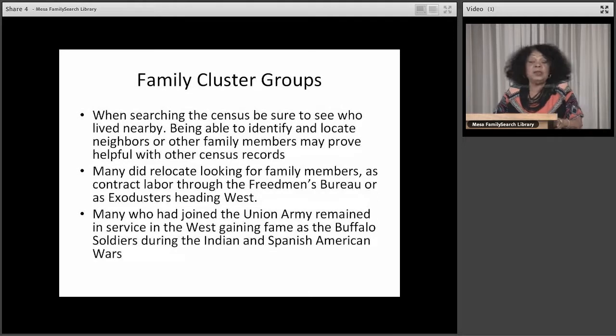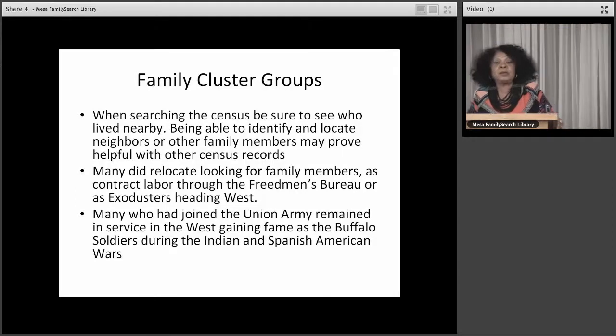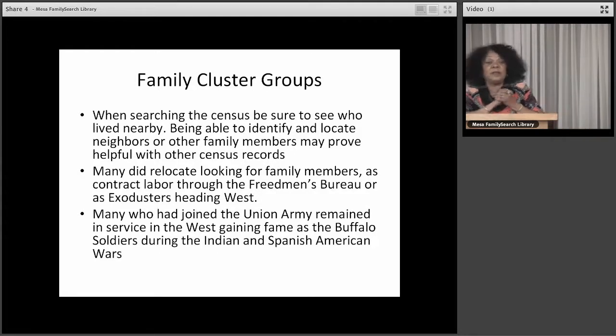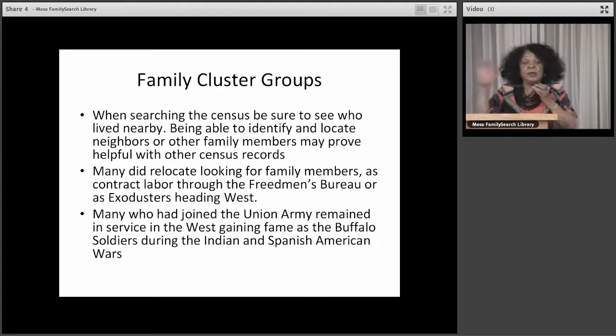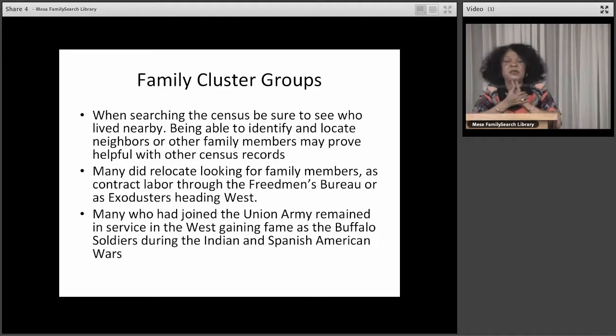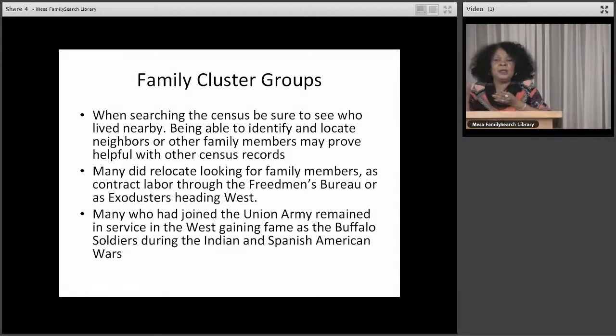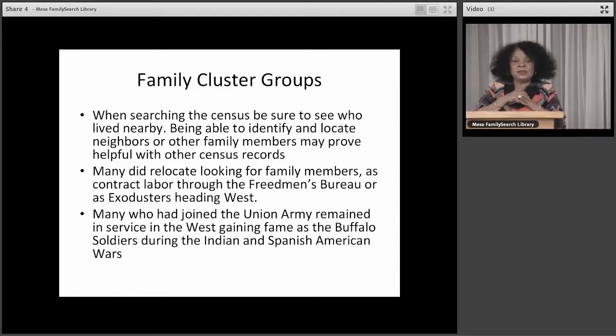Okay, when you're looking at the census records, you want to find out if there are other family members living close by. The reason being, if you're looking on, and we'll take it up a notch, we'll say if you're looking on the 1900 census and your family's there, and then you go to the 1910 and you can't find them, and you say, well, I know that they were in this place at that time, and they were living next door to the Joneses.